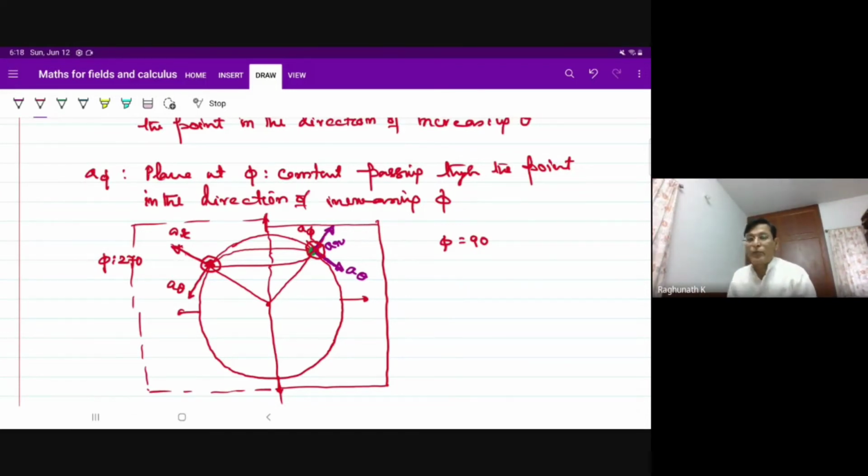I will show one more case. Please check it once. This a_phi is what? Tangent to the circle of radius r sin theta. It is a horizontal vector. a_phi is always horizontal. a_r is always radial to the sphere. a_theta is always tangential to the sphere. a_phi is always horizontal, and that a_phi happens to be the tangent to the circle of radius r sin theta at that particular point because it is horizontal.